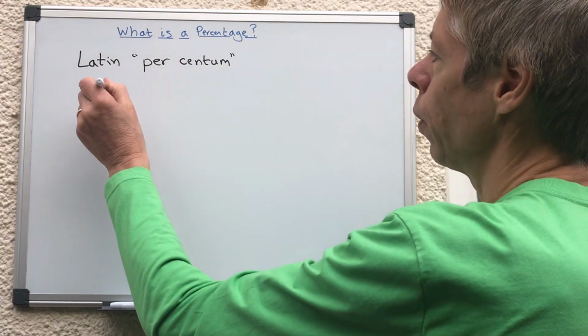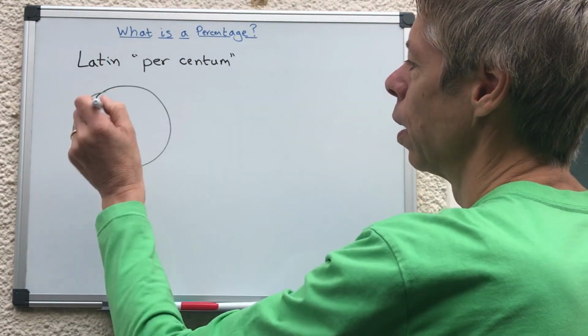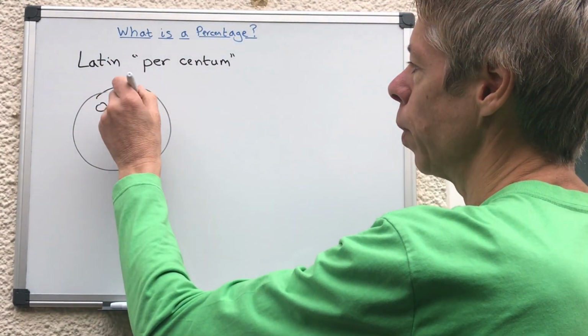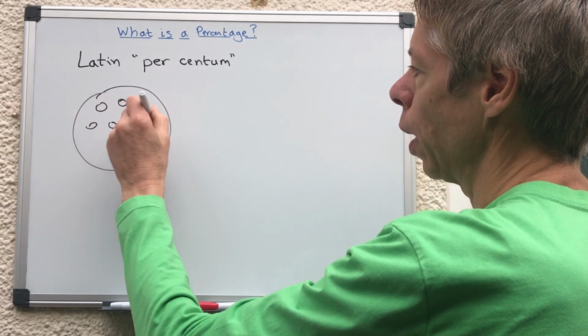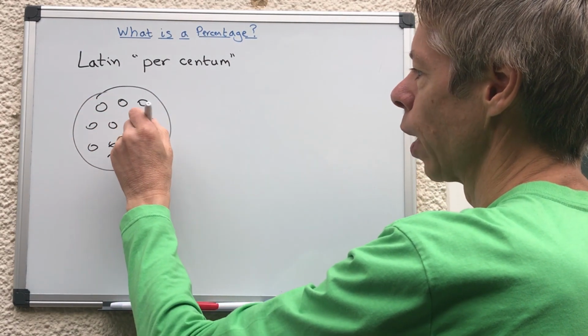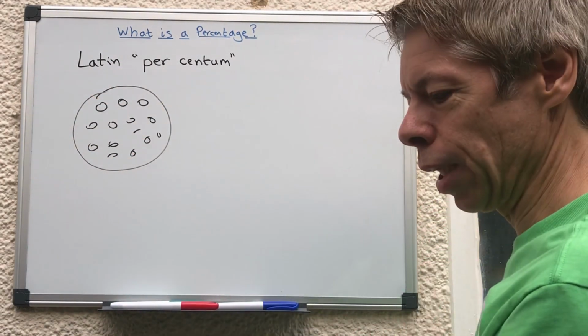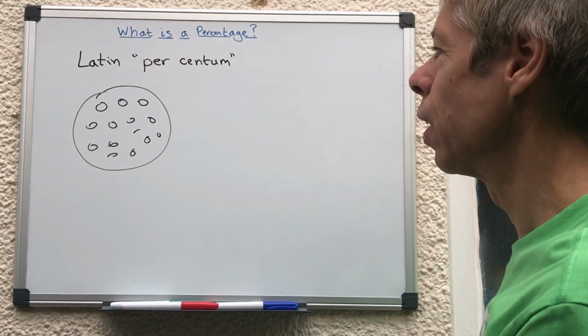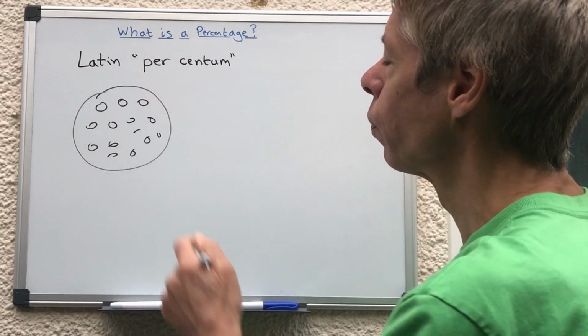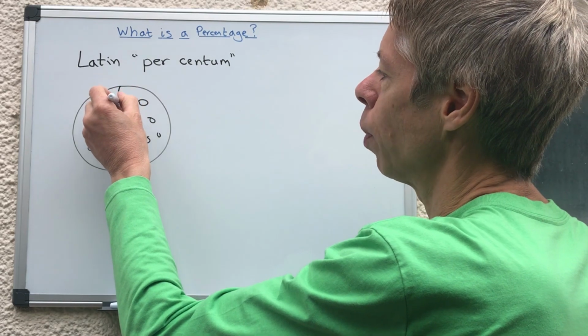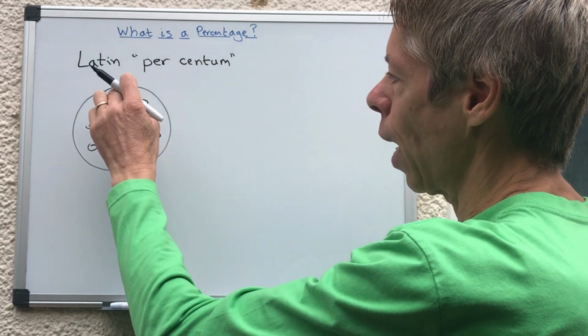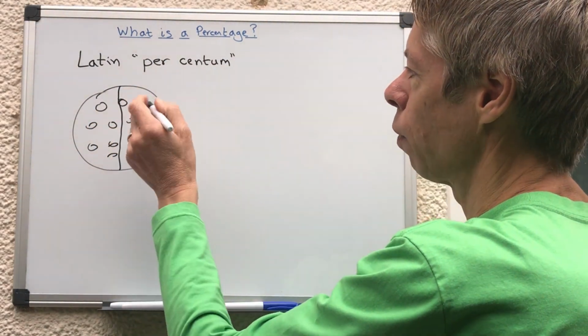So if you had your pizza expertly drawn as usual with some bits of pepperoni on it, and you divided this pizza into 100 and then you took 50 of them, assuming you divide it properly, you would have half.